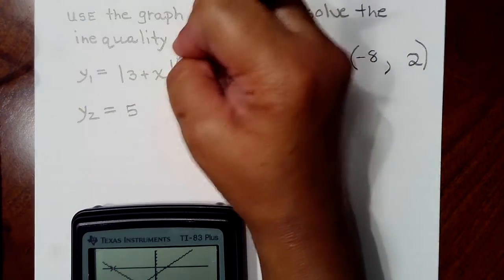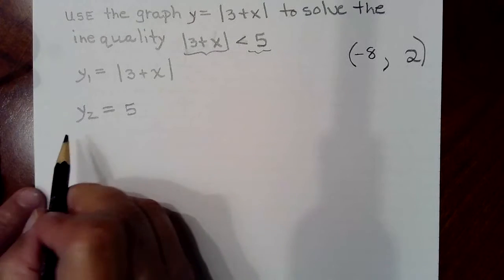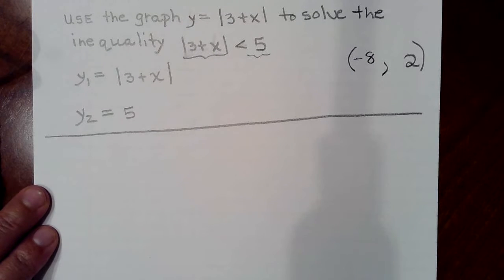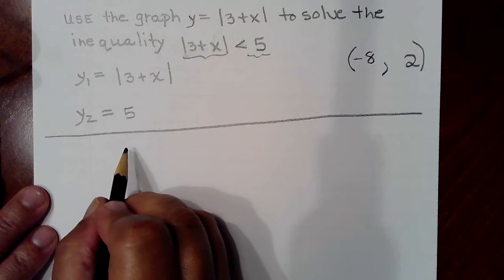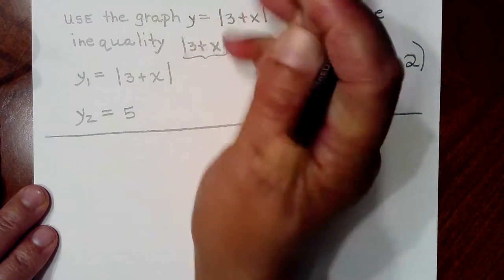Now maybe you want to back yourself up by solving this algebraically, maybe you want to prove that what you saw in the graphing calculator you actually did see. You can go to what you learned throughout the section about solving a less than problem.